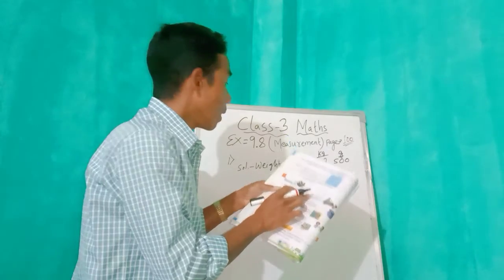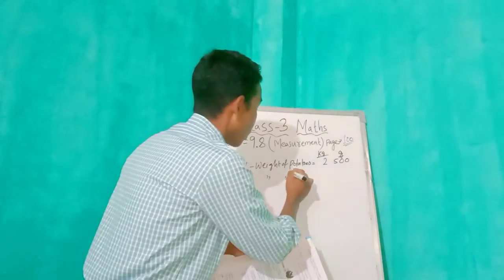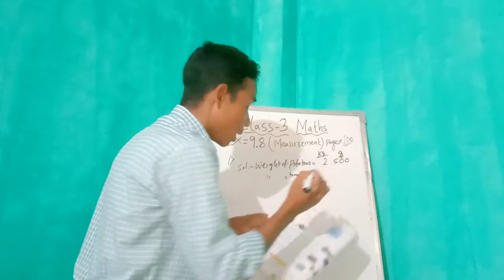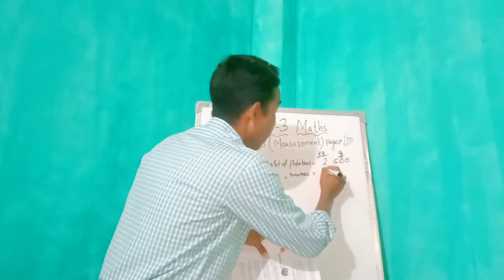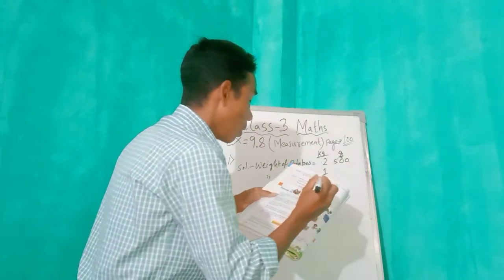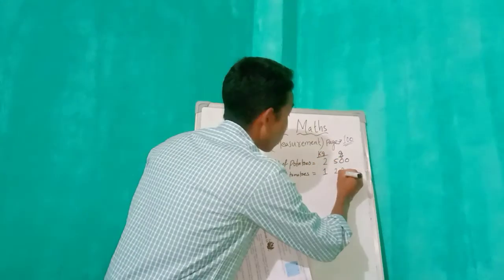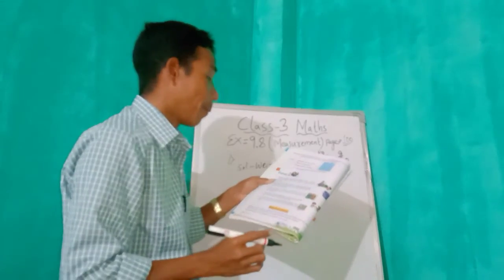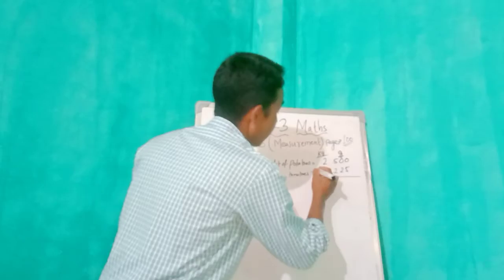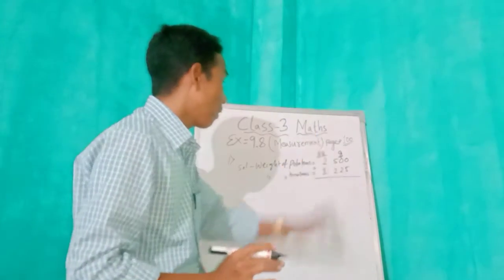And weight of tomatoes equal how much? 1 kg and 225 gram. So we will find the total weight. Addition, that means we have to find the total weight of vegetables.